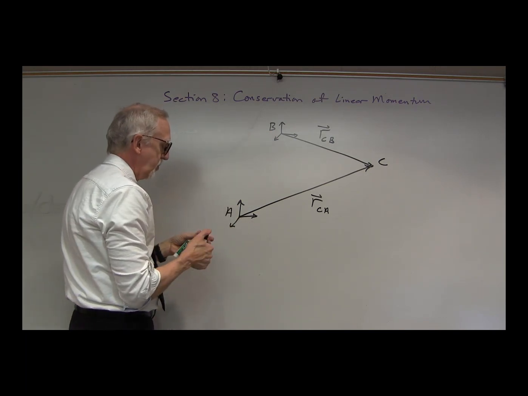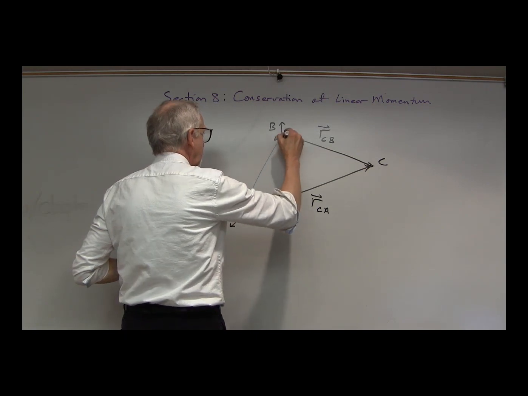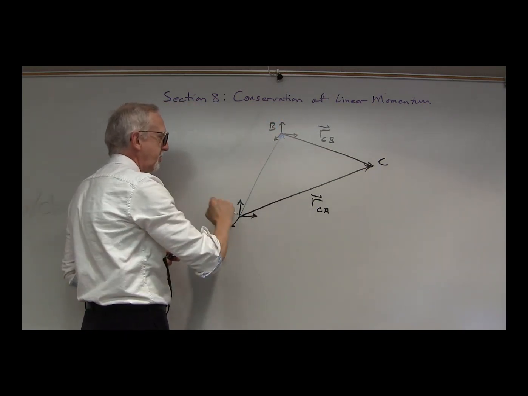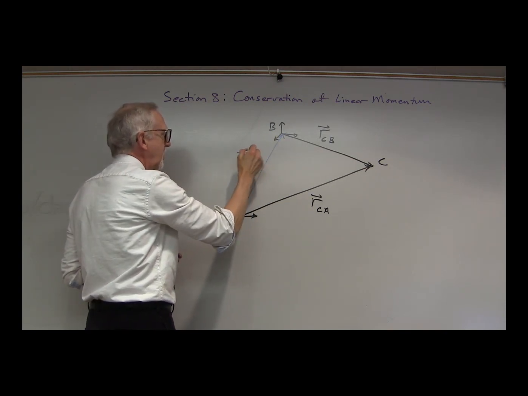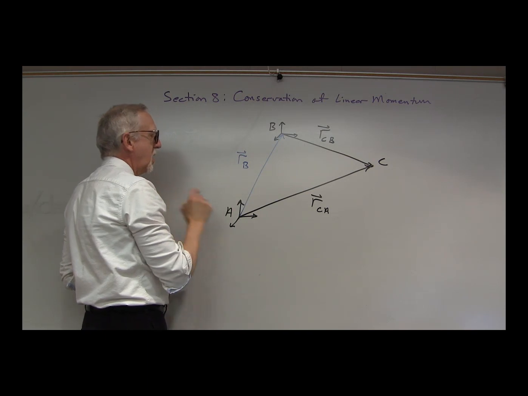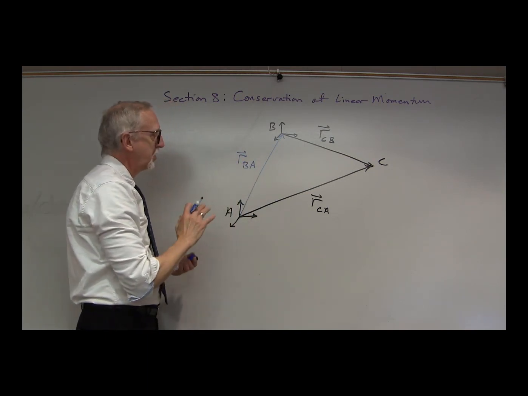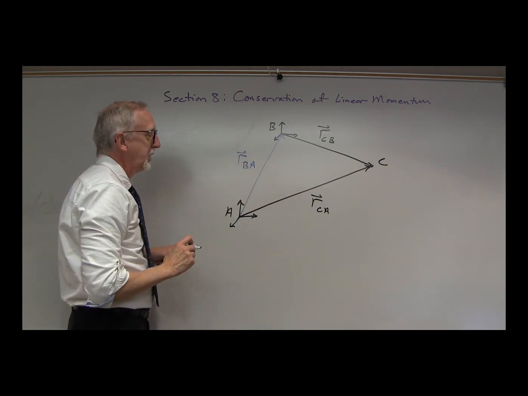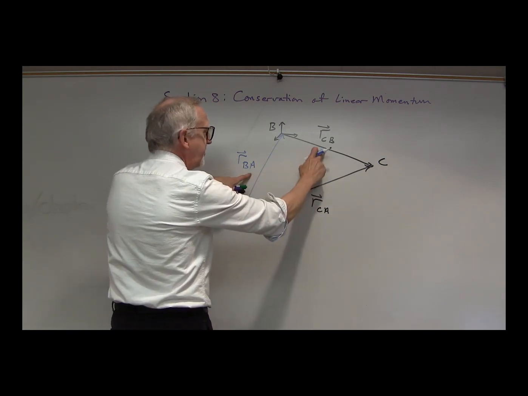So let's put in one more vector here. We'll call this vector, and you could do it one way or the other, I'll just say from this direction, the position of object B measured by object A, RBA. All right, great. Now, what are the relationships between these things? Well, what we see is that this vector is the sum of these two vectors.